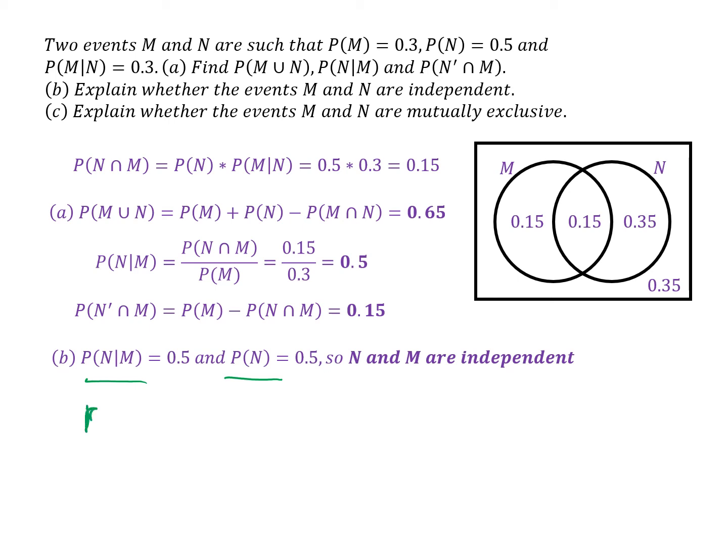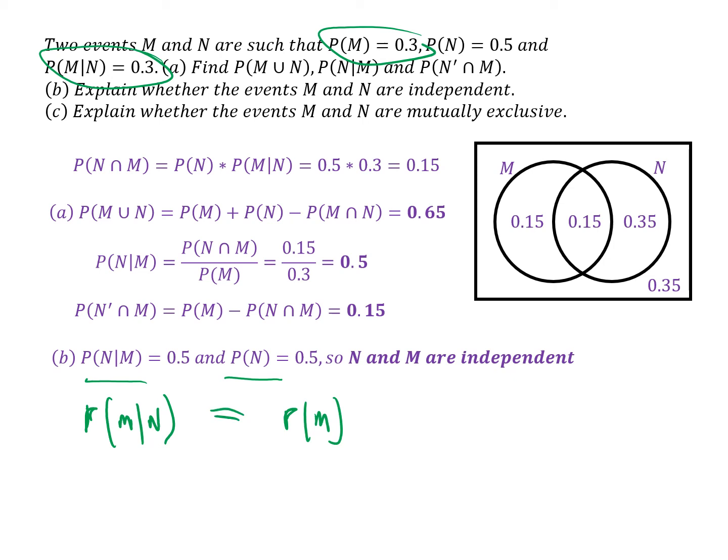We could also do the probability of M given N and compare that with the probability of M. And the probability of M given N is 0.3. Probability of M is 0.3 as well. So they're both the same as each other. And so that's another way.